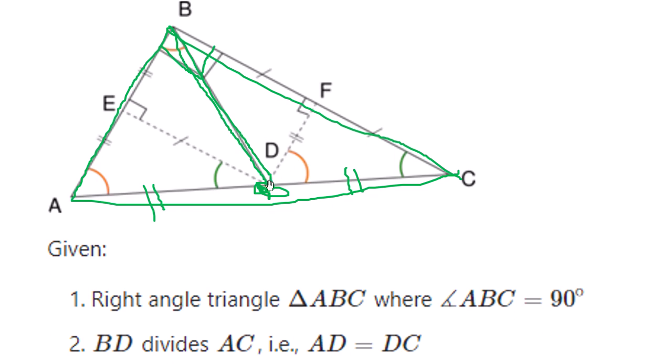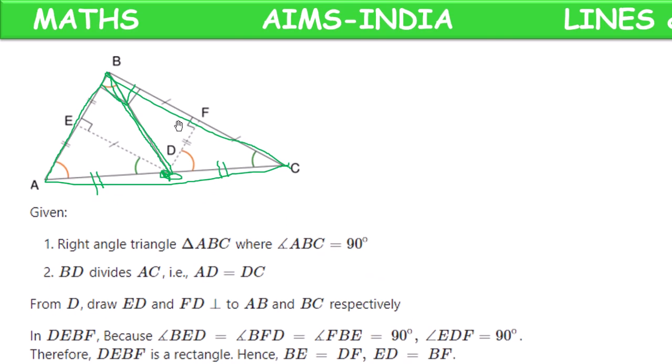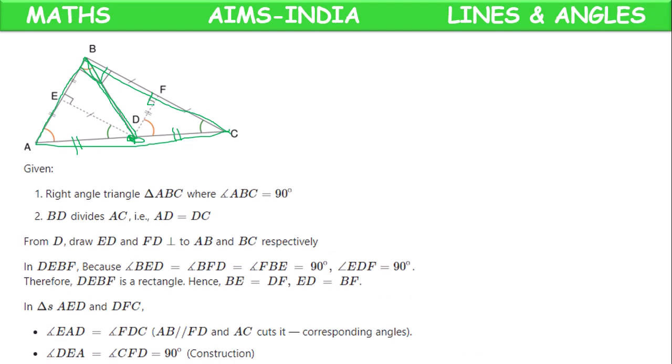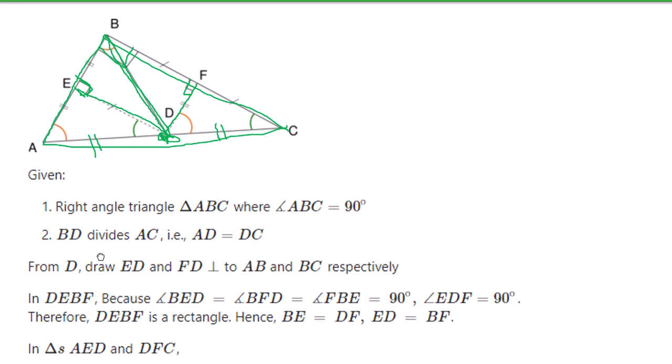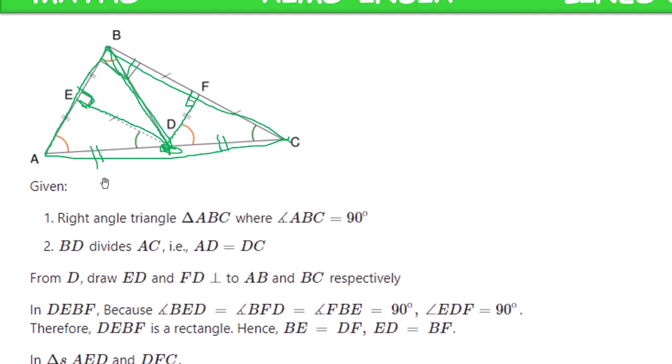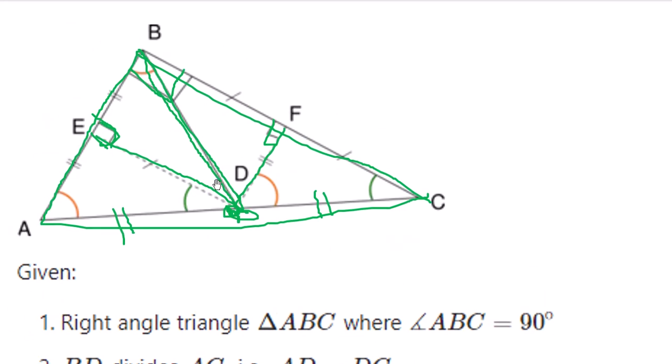From D, draw a perpendicular to AB, DE, such that this is perpendicular and this is perpendicular. Now EDFB is a quadrilateral.